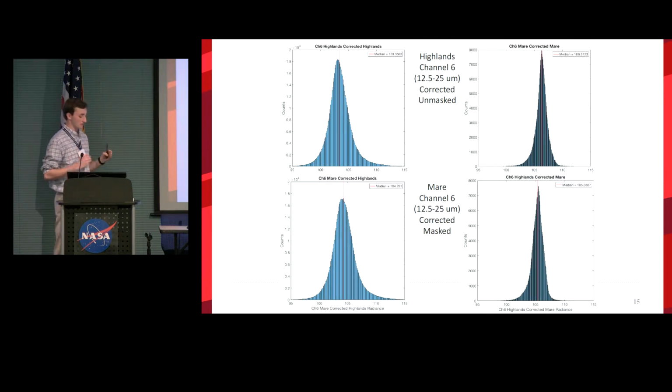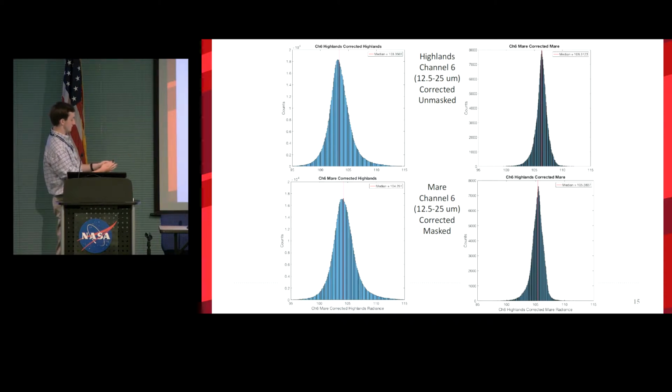To confirm that I'm masking the correct areas for each of those maps, because I'm using a mask developed by LROC, the visible camera on LRO, that uses visible albedo and morphological boundaries to identify the Mare-Highlands boundary, and that's not necessarily related to the photometric behavior at mid-infrared wavelengths, I'm testing that mask by comparing the median data to the mode that's visible here.